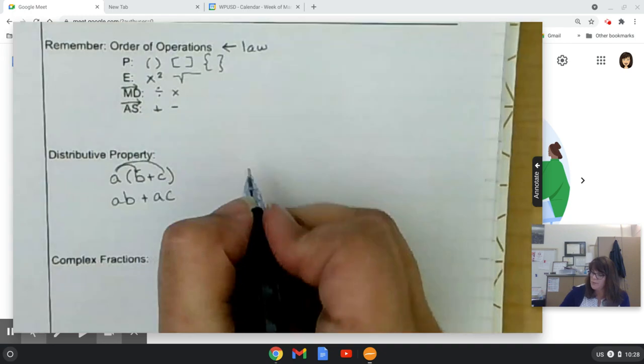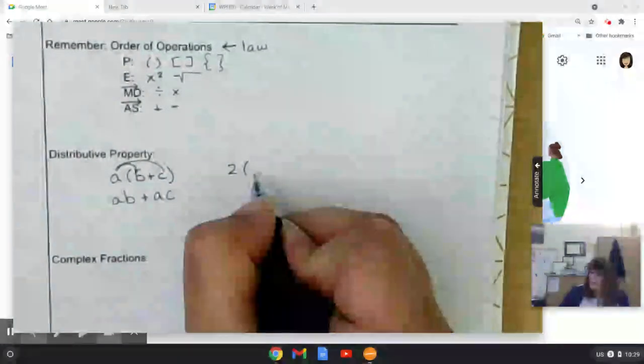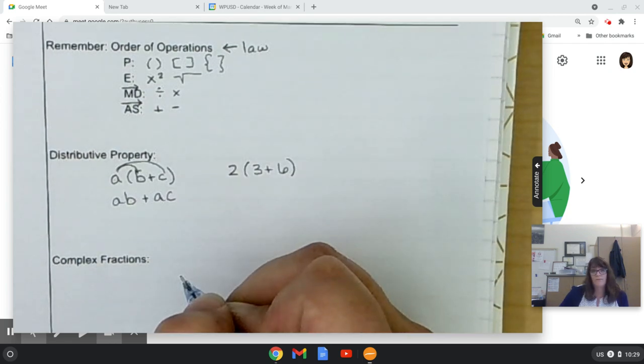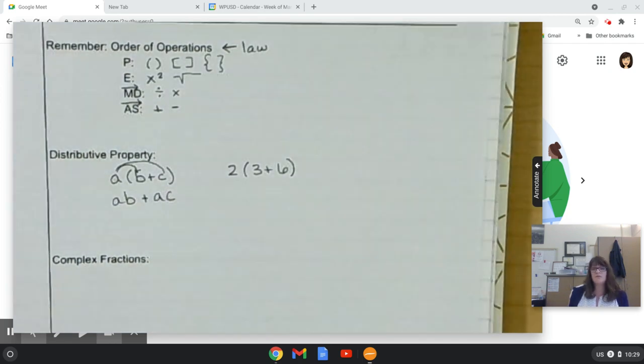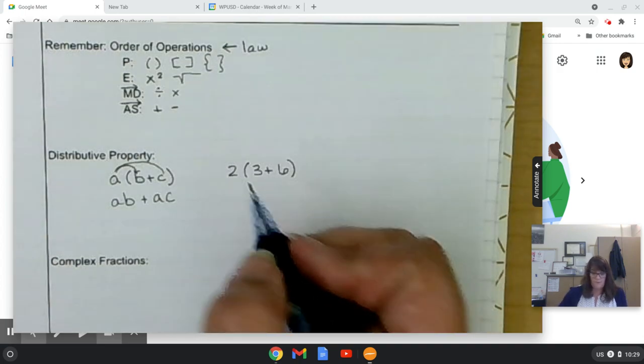For example, 2 times the quantity 3 plus 6. Okay, take a minute, do that in your head. It's not that I think you can't. I know you can. But how does distributive property apply to it for bigger problems or problems with variables in them?